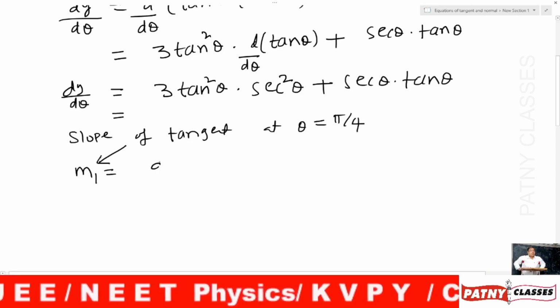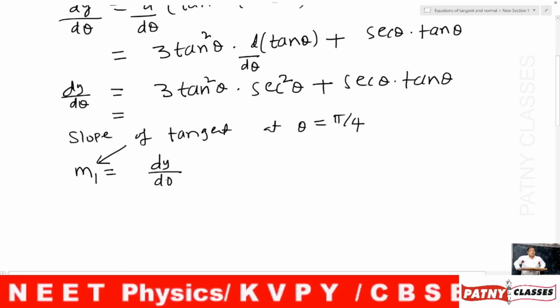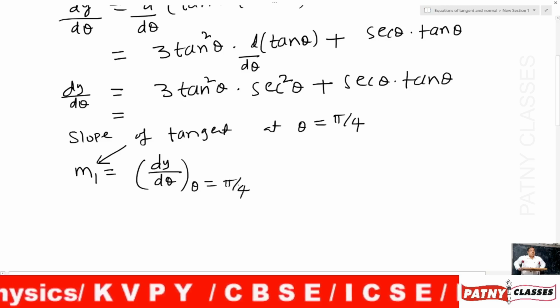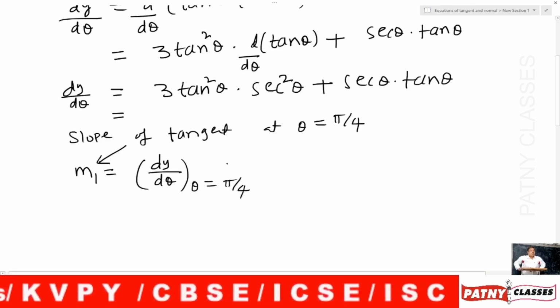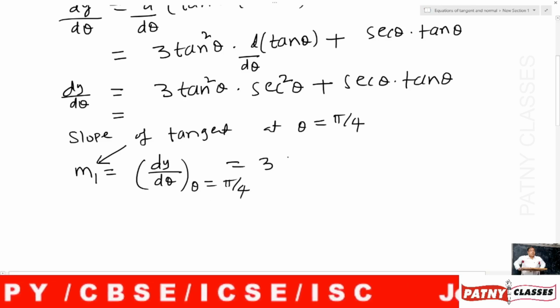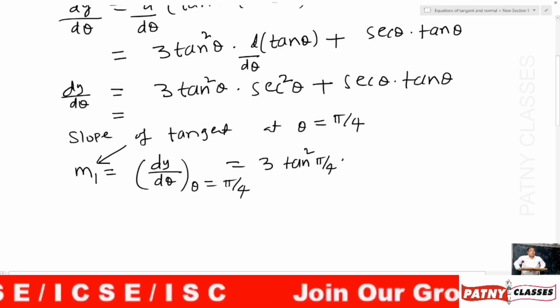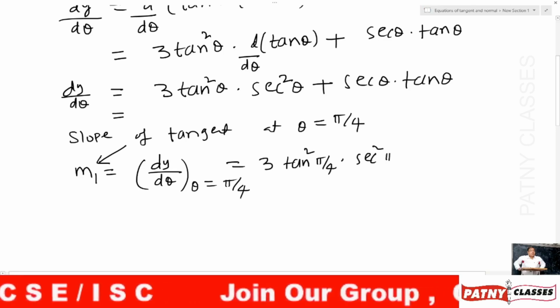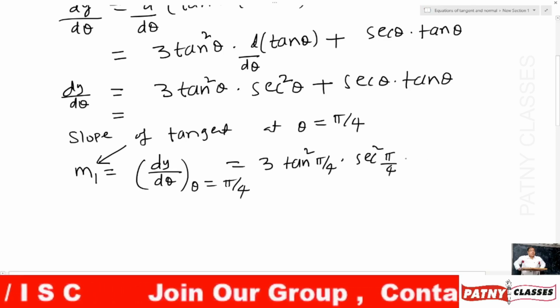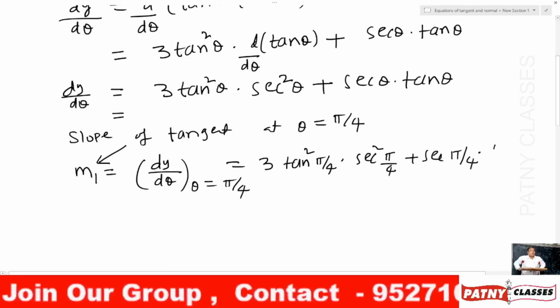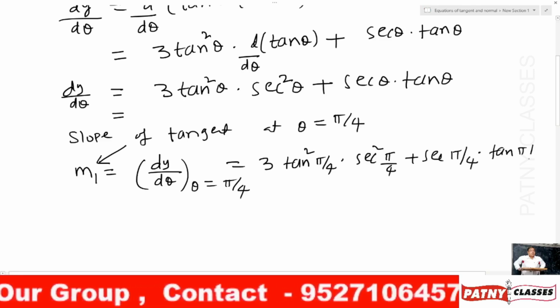So that can be obtained by dy by d theta at theta equals pi by 4. So that is equal to 3 tan square pi by 4 sec square pi by 4 plus sec pi by 4 dot tan pi by 4.